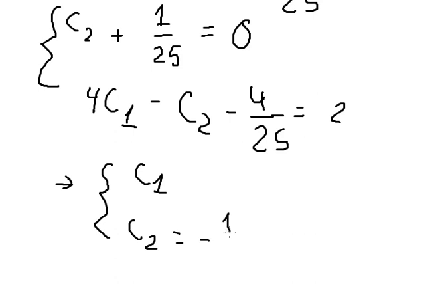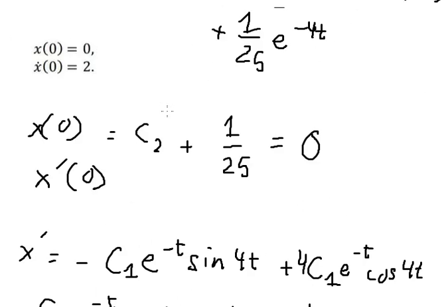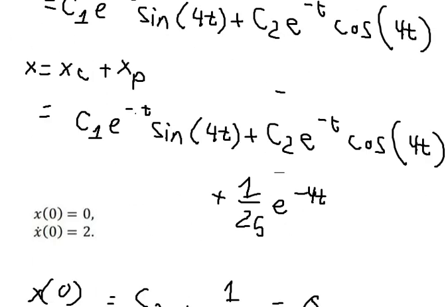C2 is negative 1 over 25, and C1 is 53 over 100. And now we put back into this equation in here.